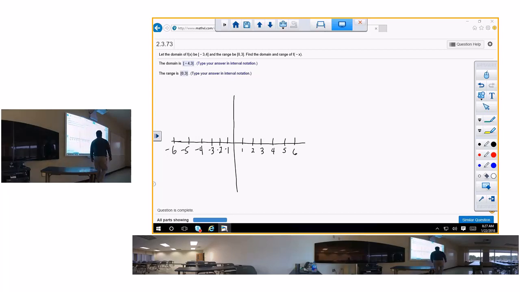So on a graph, that means that the only numbers that exist to you are negative 4 to positive 3. That's the only numbers that you can use.